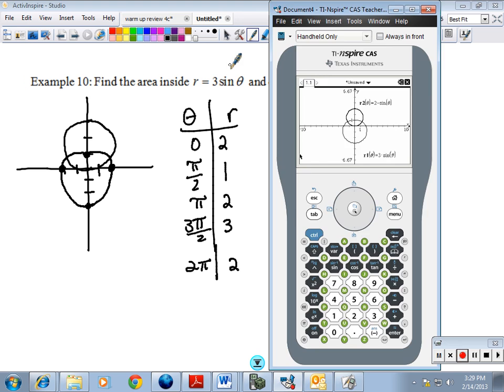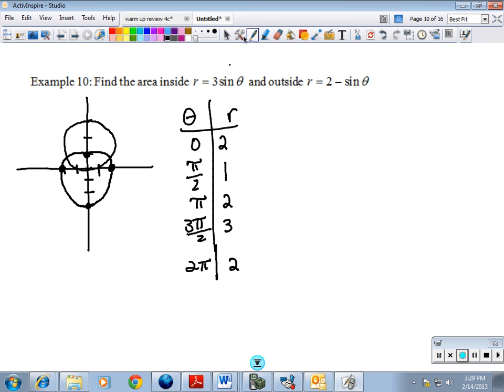Okay, so what I want to do is find the area inside of 3 sine of theta, but outside this one. So I want this area. Okay, so what I have to do is I need to find the area of the circle, and I need to subtract away the area from this point all the way over to this point.